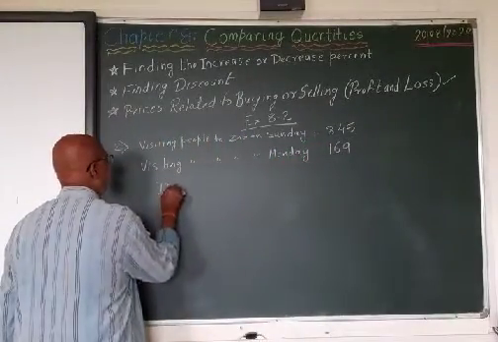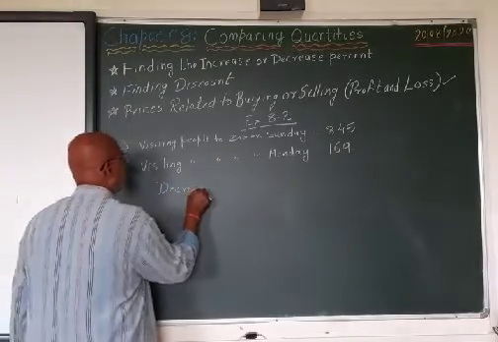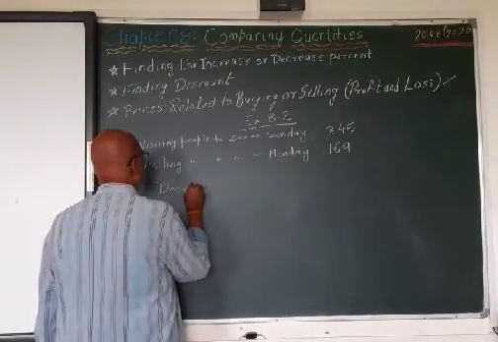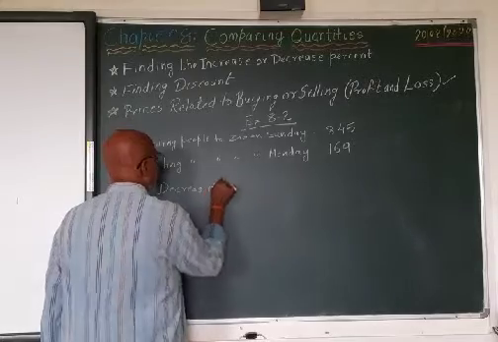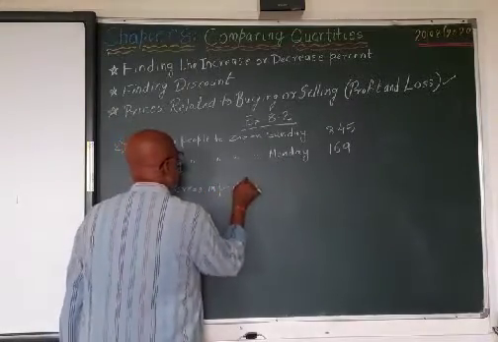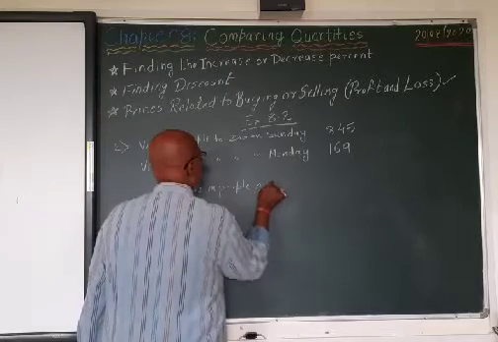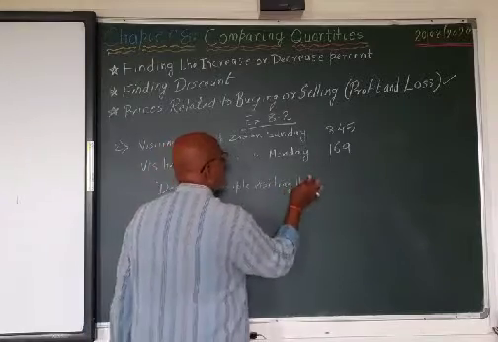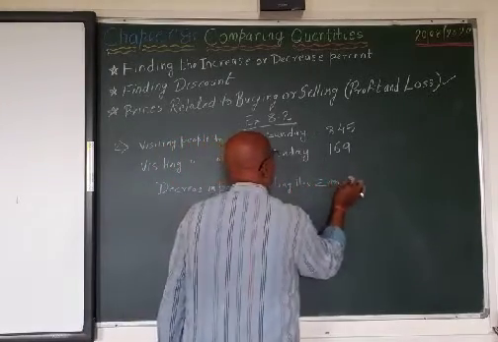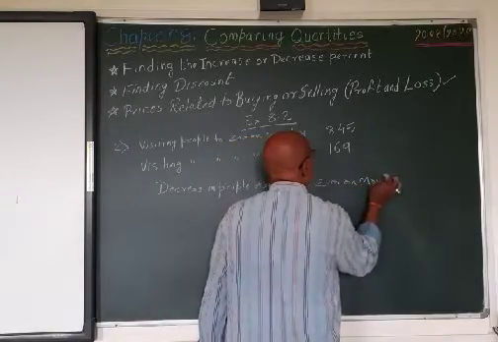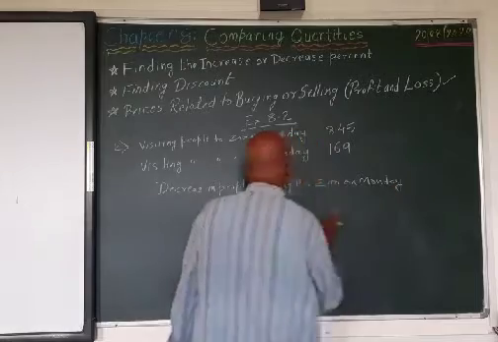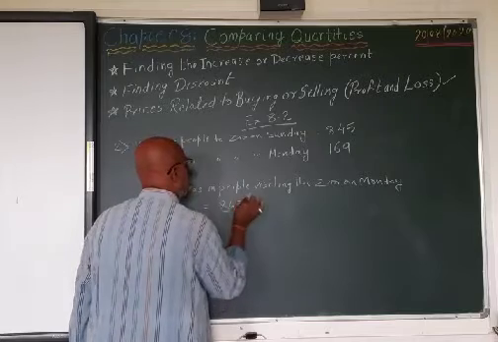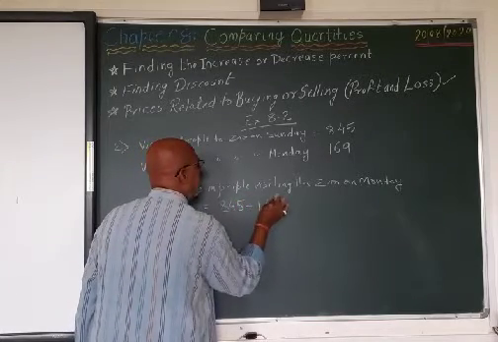So the decrease in people visiting the zoo on Monday equals 845 minus 169.